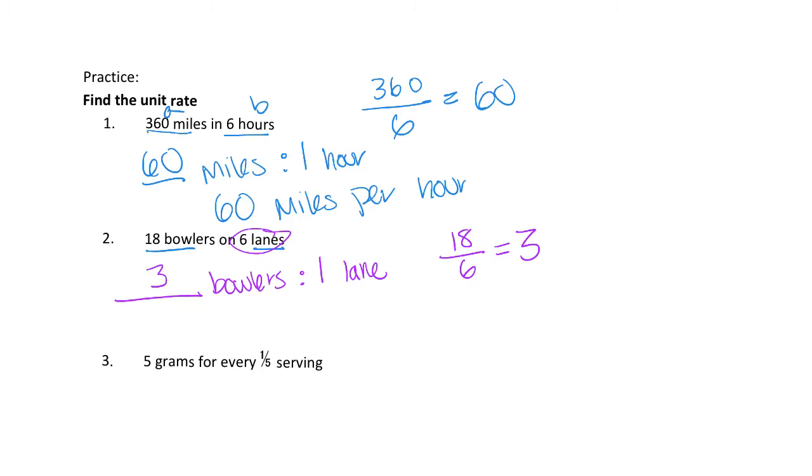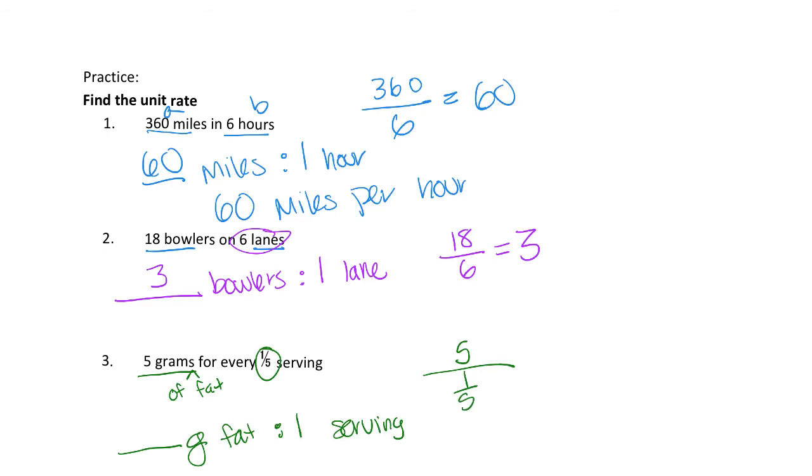Okay, and then our last example is there's 5 grams, we'll say of fat, for every 1/5 of a serving. Okay, so I want to know how many grams of fat for 1 whole serving. So I'm going to take my 5 grams for my first unit, divided by 1/5.